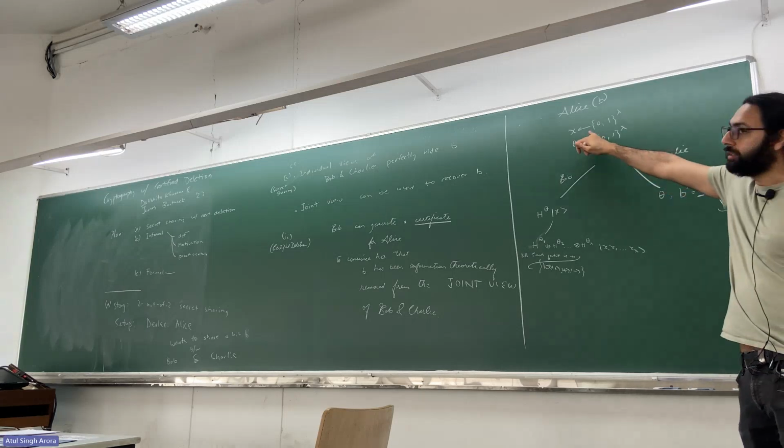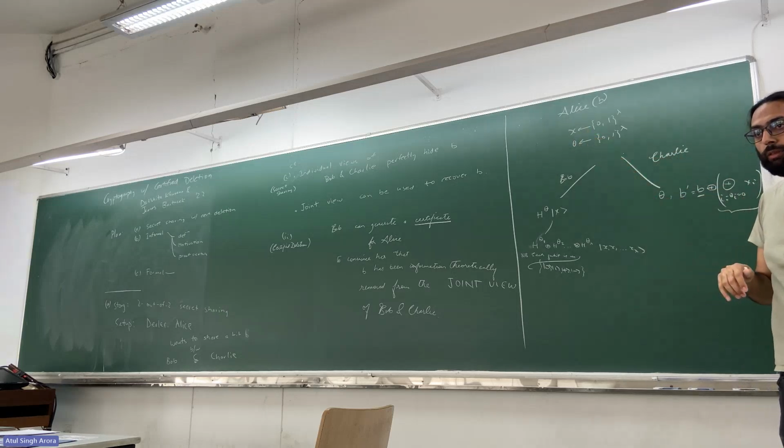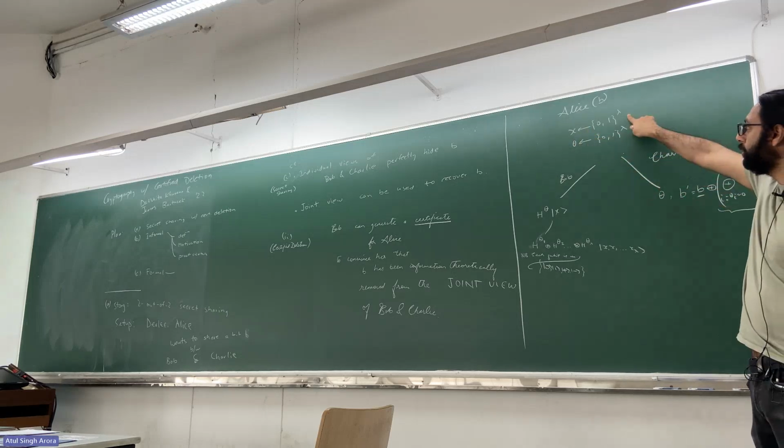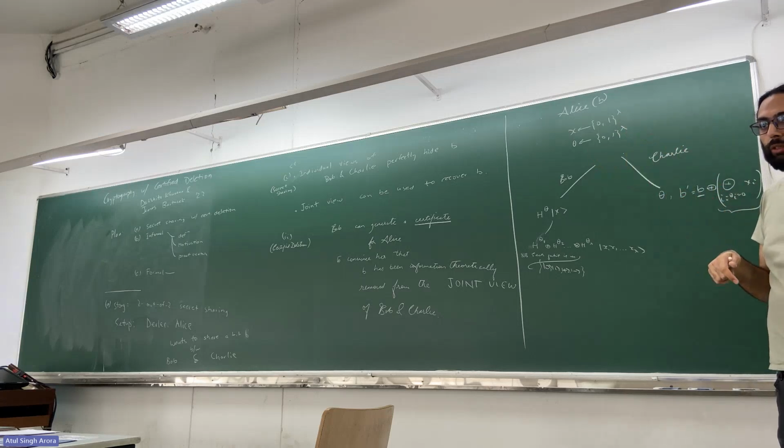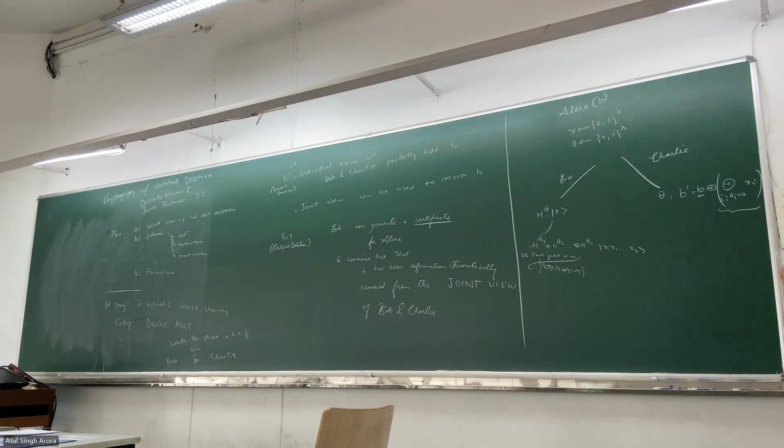Each bit is randomly sampled. When I say you sample a random string of length lambda, it means that every single bit is uniformly random. If you XOR two random bits, you get a random bit.